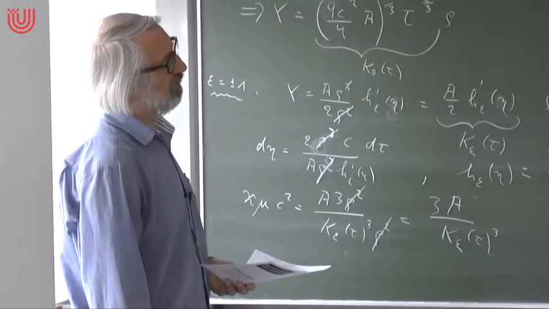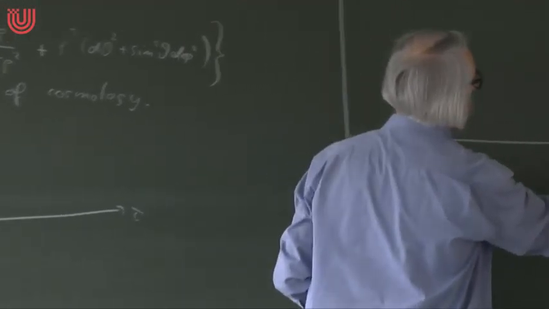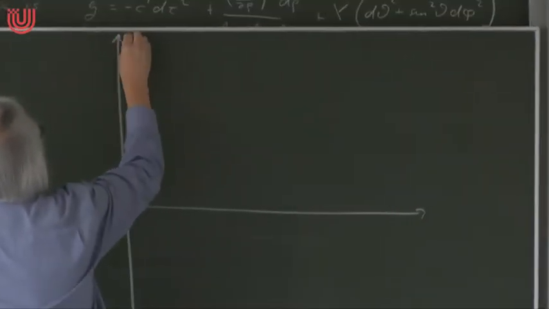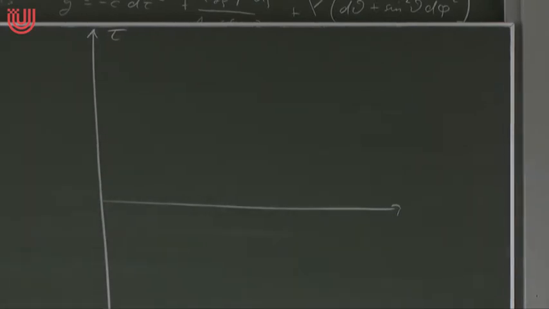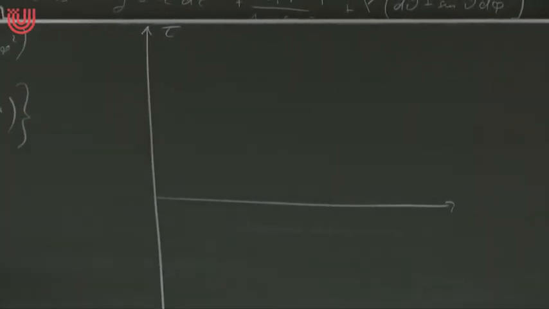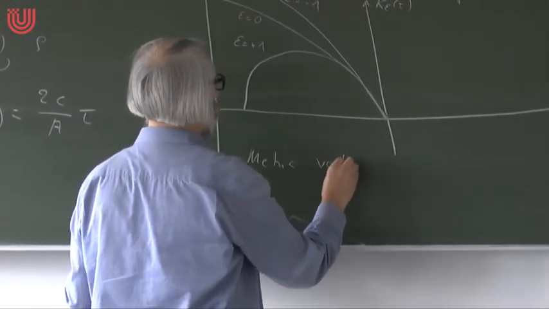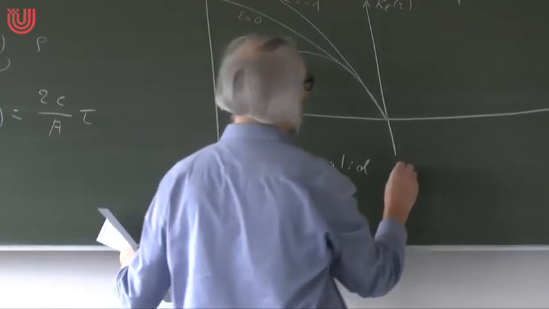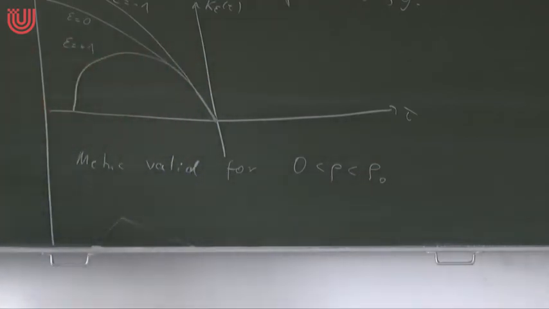But here we want to consider stars. So what we want to consider is the situation that we have, in this diagram where we plot the tau axis, we want to plot the surface of our star. This metric which we have written here is valid for this interval, where rho naught is the radius of the star.